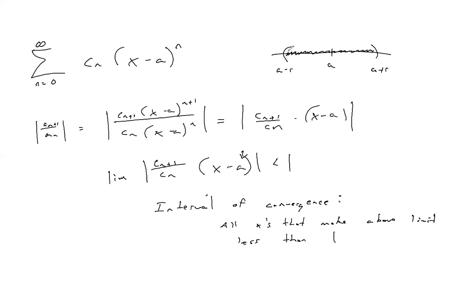So that gives us the stuff inside the interval. And then to figure out if the endpoints are included, we have to test those endpoints individually. So maybe it's the closed open, or maybe it's closed closed, and so on. So the ratio test tells us all these points in the middle, and then we have to look at these endpoints individually.